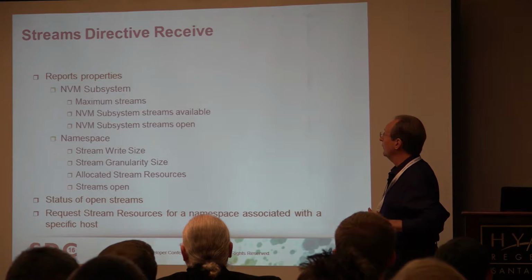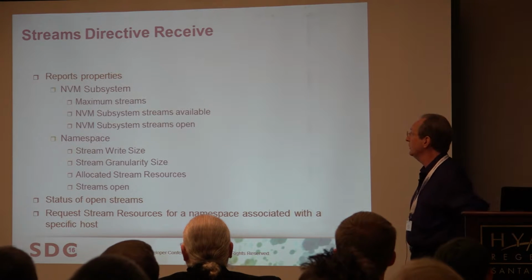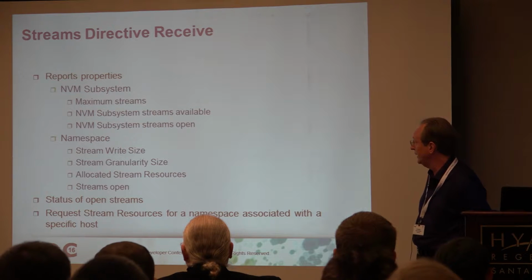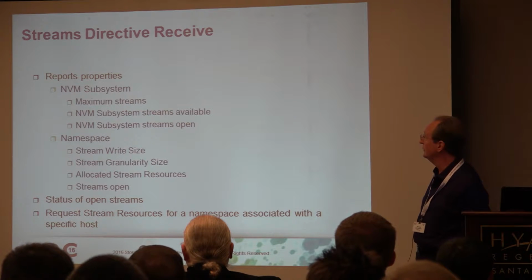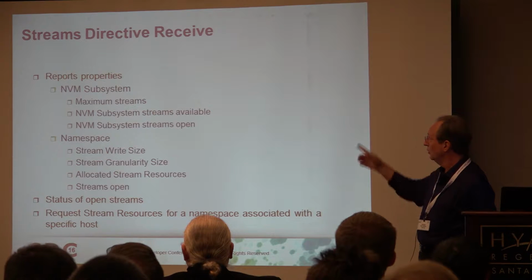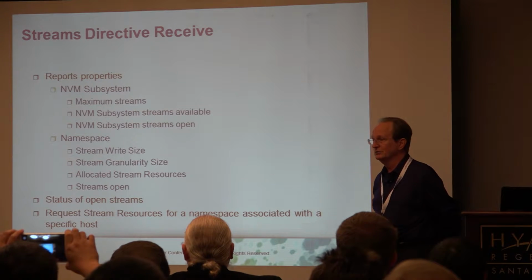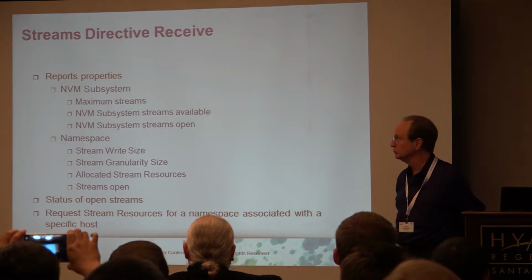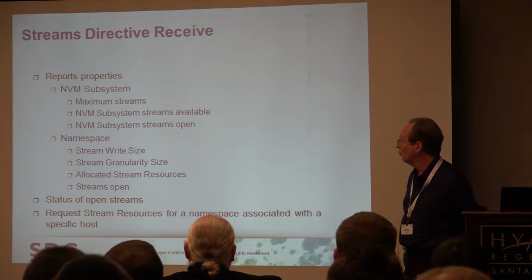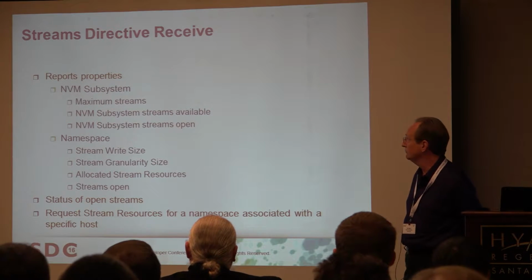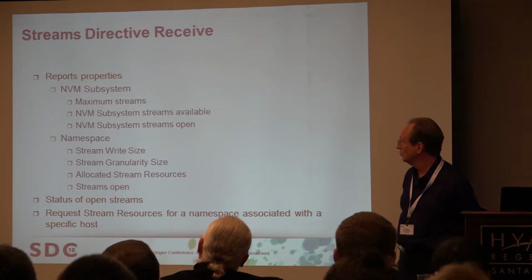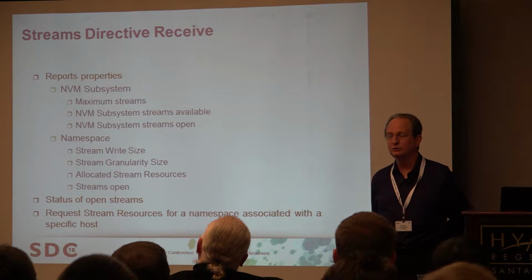So the stream directive receive command, there's actually 3 sub-operations of the stream directive receive command. One of them reports the properties. There are 2 different sets of properties all within the return data structure there. One of those sets is for the NVM subsystem. That tells you what's the maximum streams the subsystem supports.